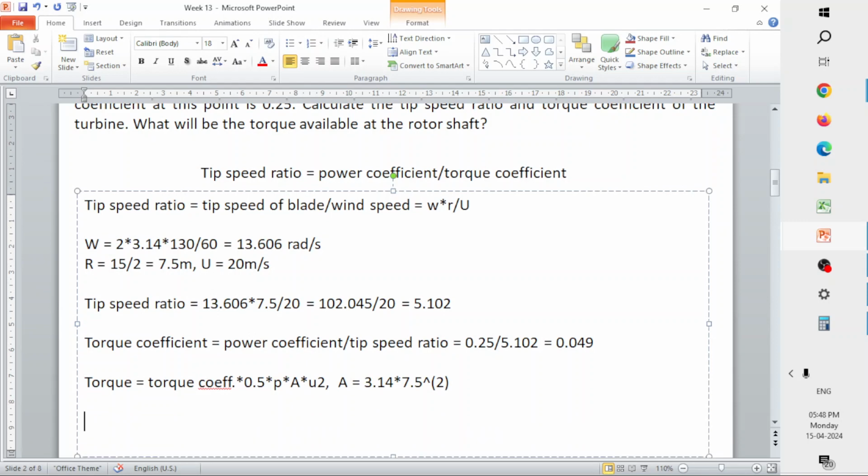Now you are supposed to calculate the density as we calculated a few minutes back. So rho is equal to P M by R T. P is the pressure.